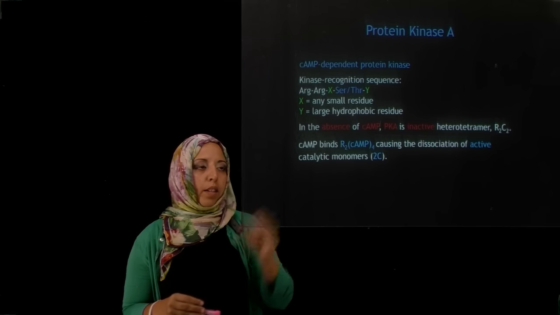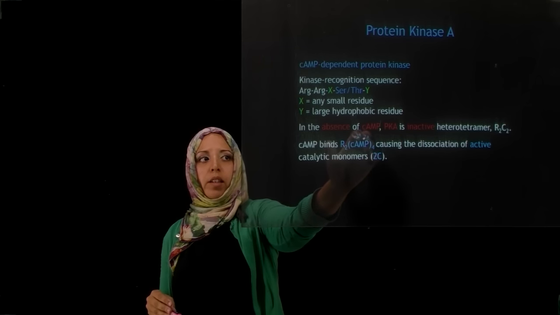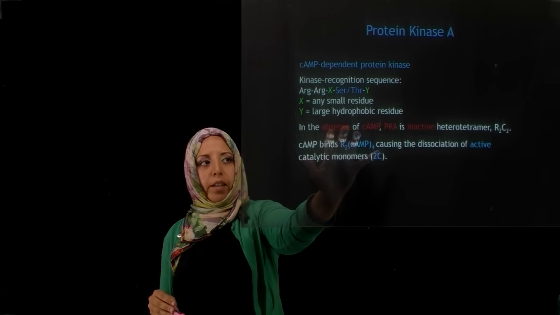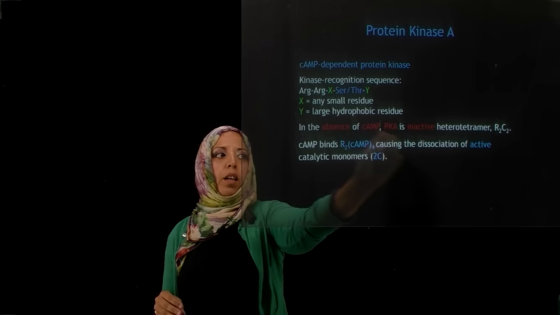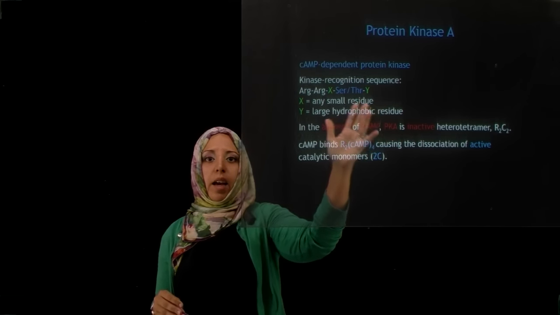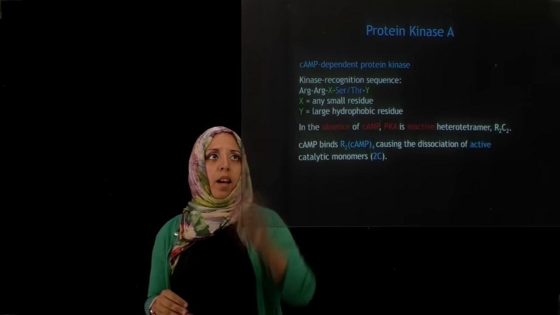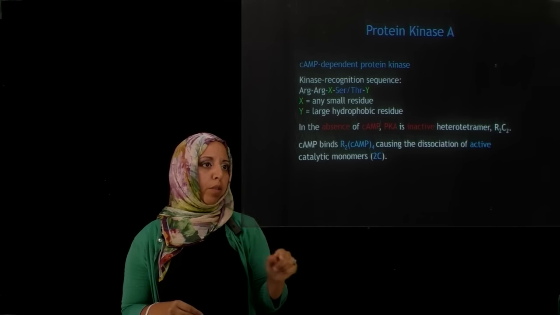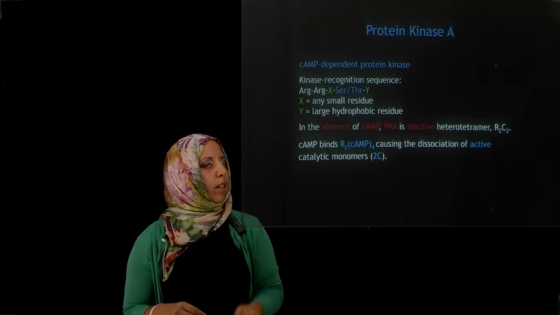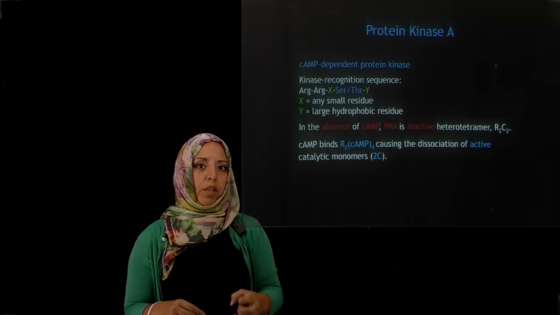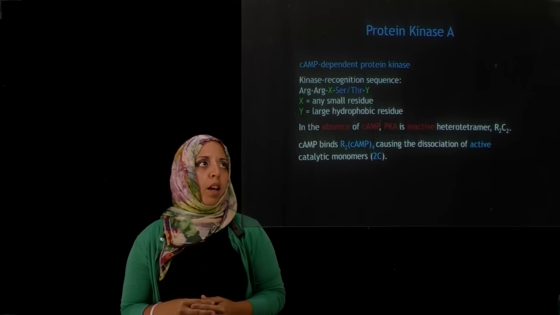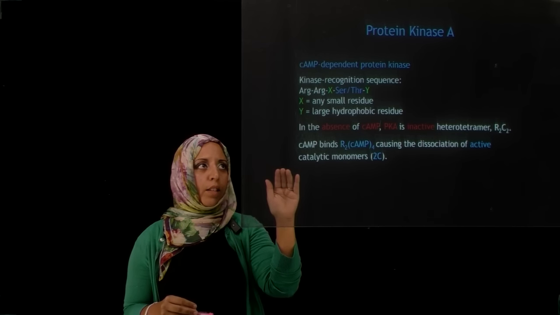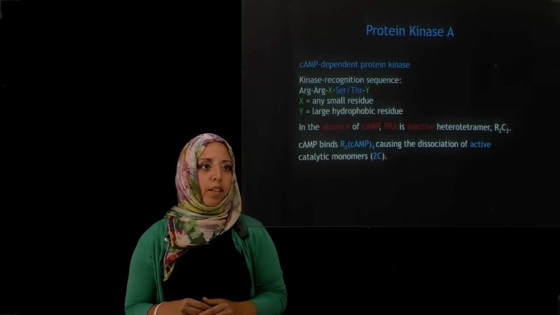So it is activated by binding to cyclic AMP. In the absence of cyclic AMP, protein kinase A is inactive, and hence it is a cyclic AMP-dependent protein kinase. So cyclic AMP must be bound to the protein for the protein to be in its active conformation.